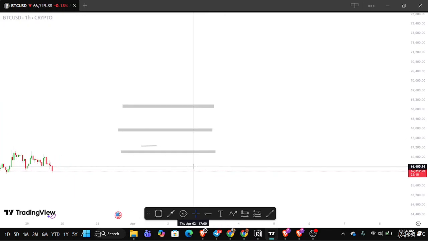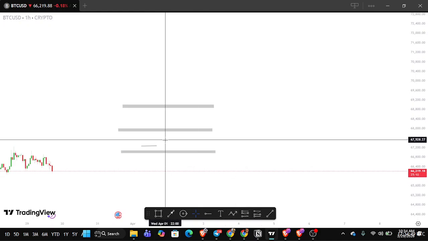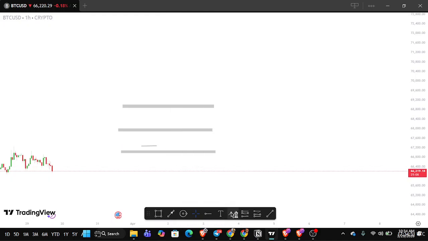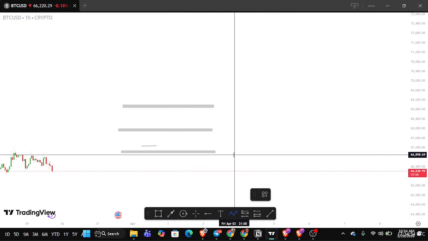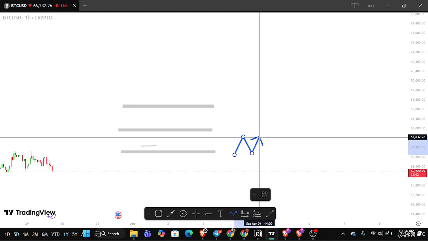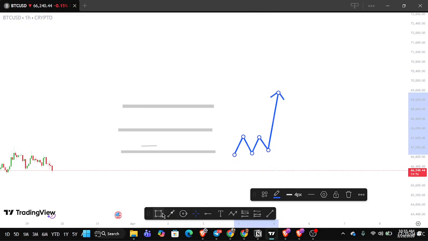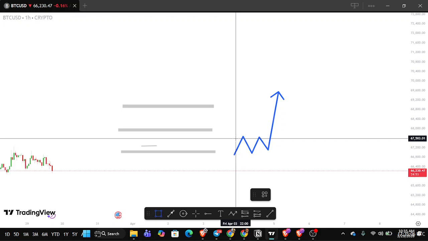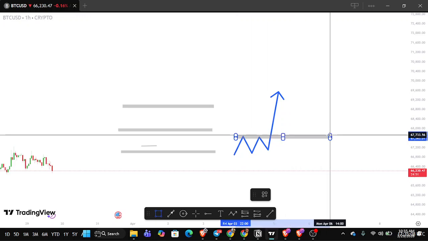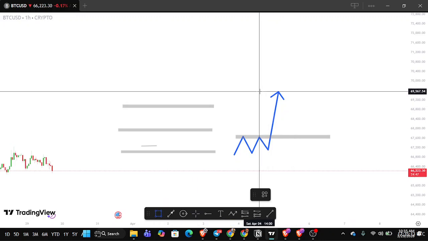Now, how do they relate to ICC? How do you tie zones to ICC? What you have to understand is that when price made this indication here, it is essentially giving you two zones, this zone and this zone, right?